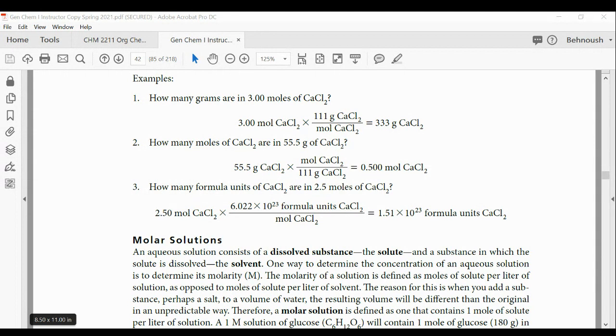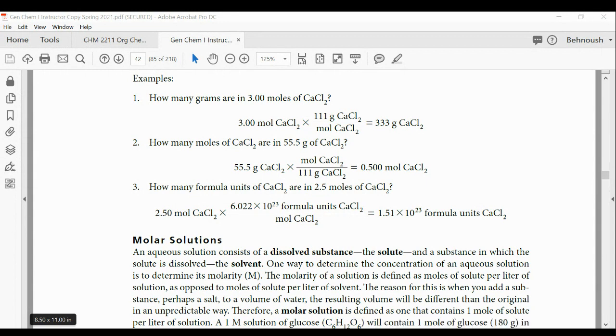If you have a solution, moles of solute divided by volume of the solution in liters, that is known as molarity, right?